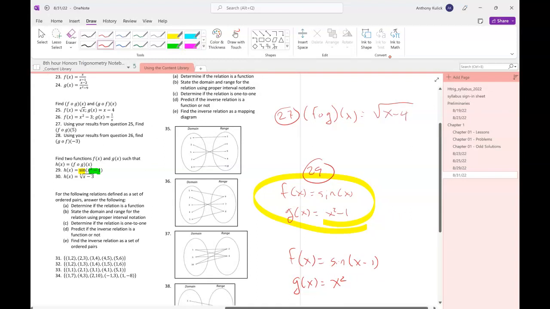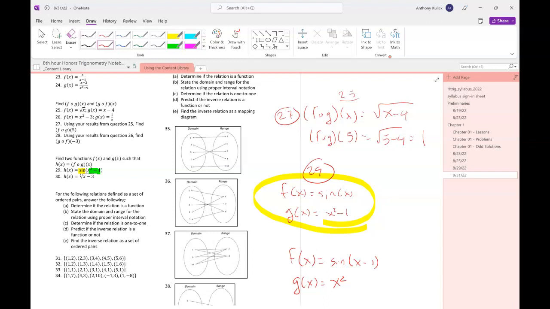That's what you got for 25? Yes. So f compose g of 5 would just be the square root of 5 minus 4, the square root of 1.